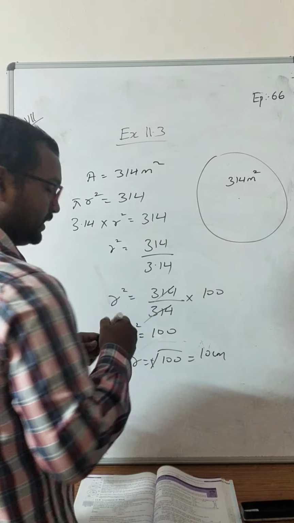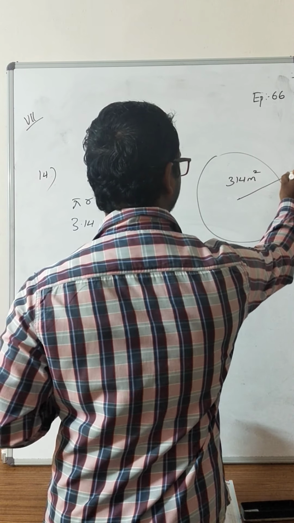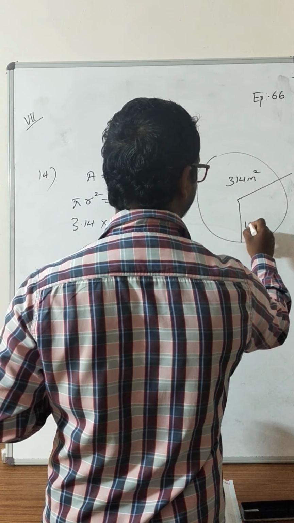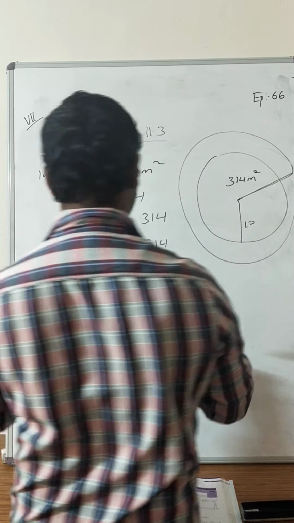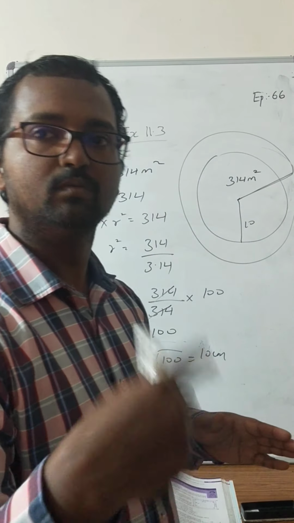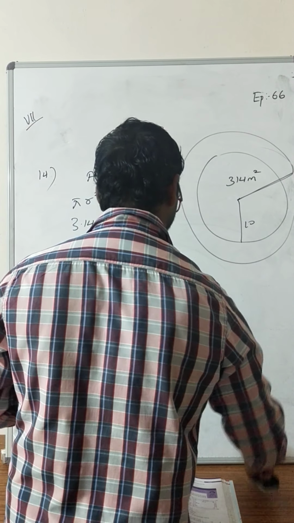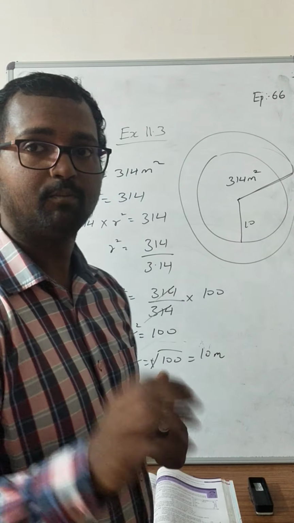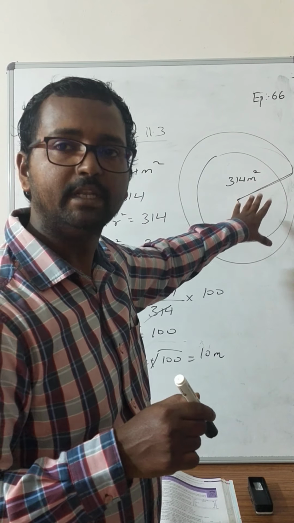So the radius we are getting is 10 meters, which means the sprinkler has a radius of 12 meters, whereas the radius of the flower bed is only 10, and the sprinkler is covering the entire circle and 2 more meters.